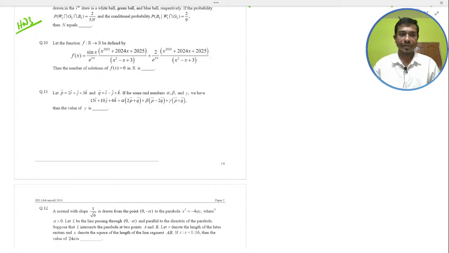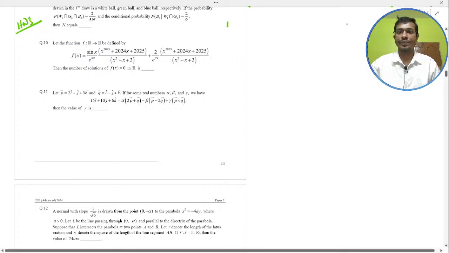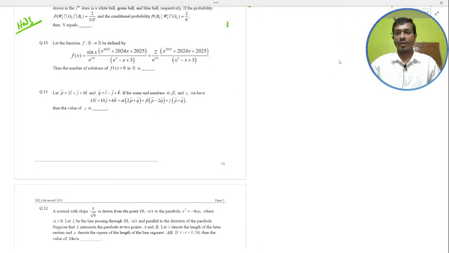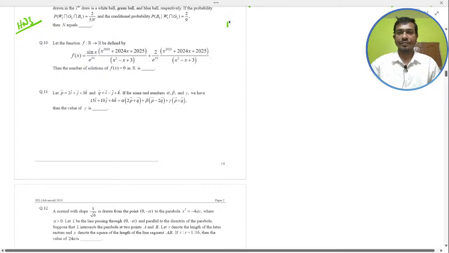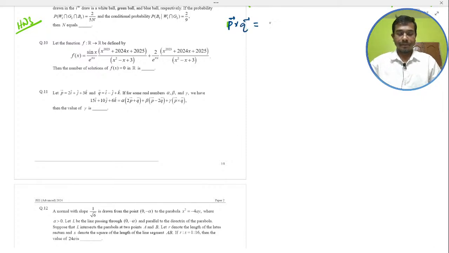Simple. First you should get the p cross q value. P cross q is nothing but the determinant with i, j, k and the components 2, 1, 3, 1, minus 1, 1.